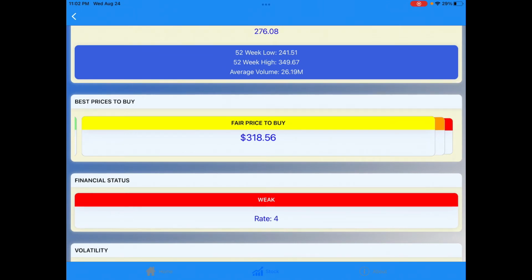At this period, it could be the reason why it's saying it's weak, because most likely their debt ratio is over 50%. And because of that, the app is suggesting this is a weak sign on their balance sheet.